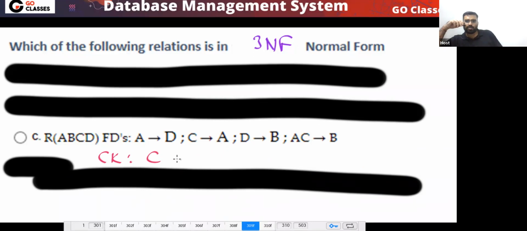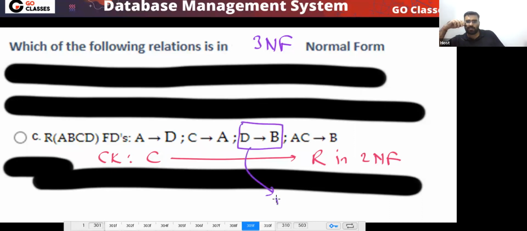So because of this, this is in 2NF. So R is in 2NF. Now tell me about 3NF. Can you notice this is the violation? In front of you, you have the violation of 3NF.